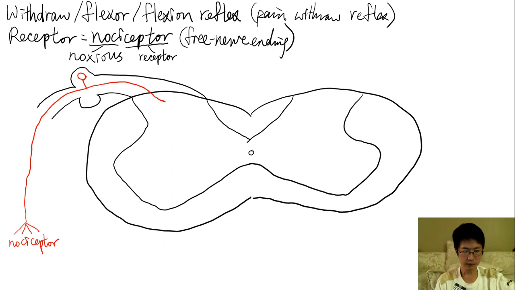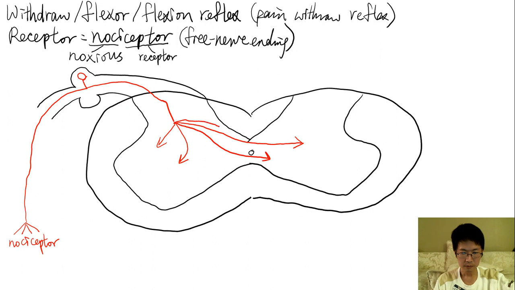In here, it splits into 5. Two on this side, and then two on this side, and then one here, as usual. Okay, one is in here.